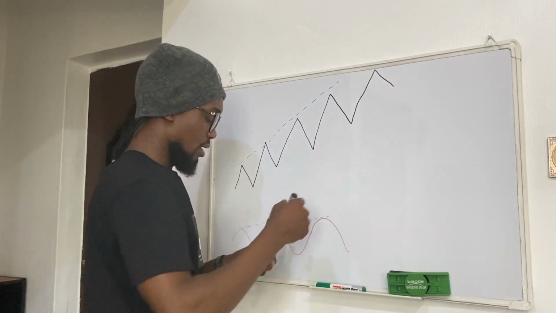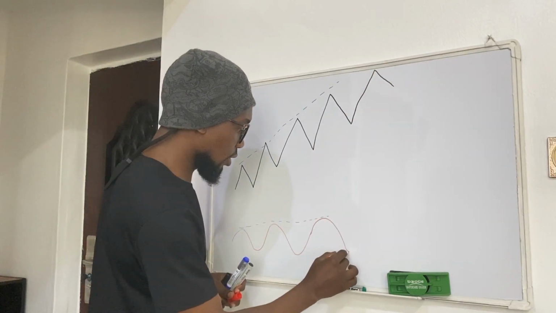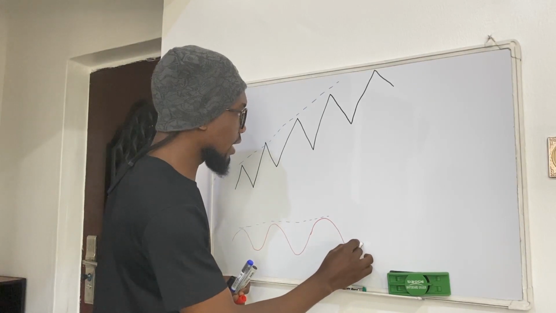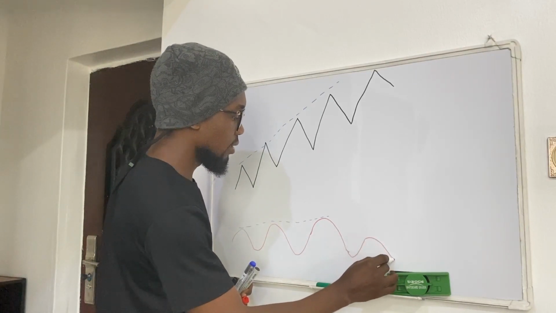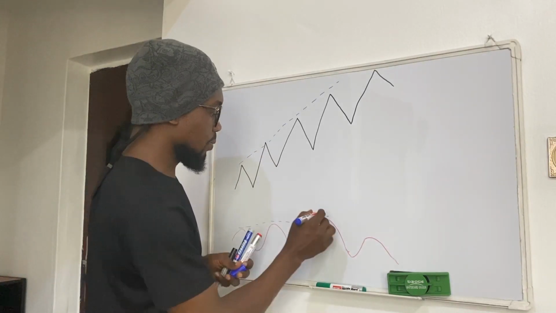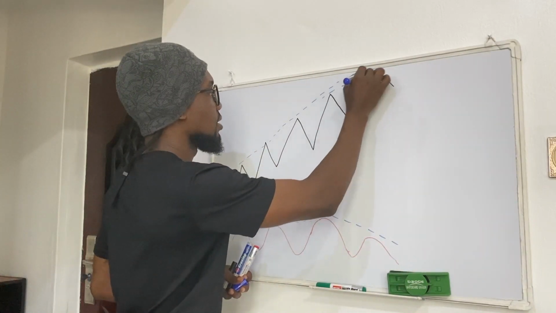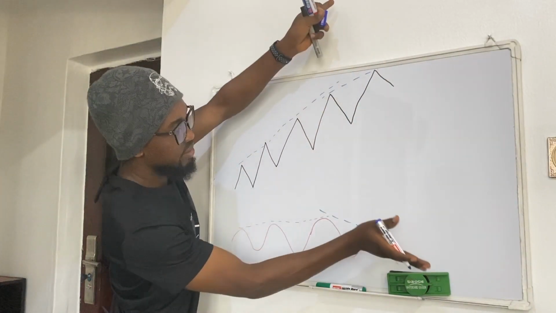But then look at your indicator. The oscillator refuses to make a high, stops here, then comes down. What you observe from this point is what we refer to as divergence.